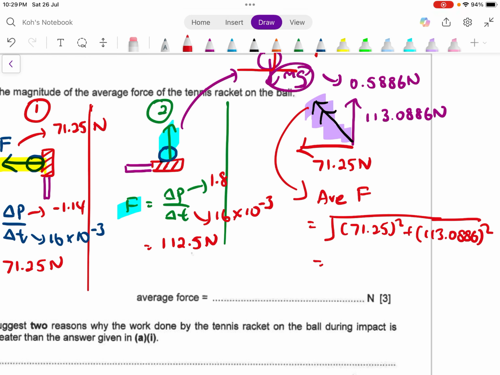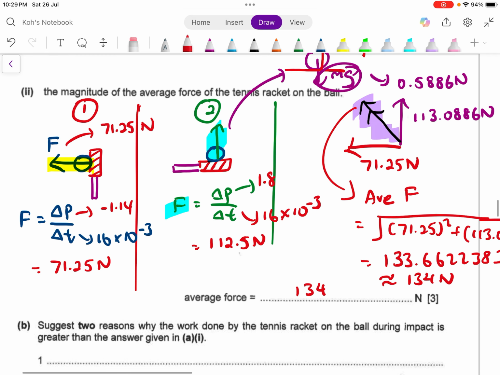Okay, so I'll get a value of 133.6622383. So I just round off to 134 Newton. So the average force acting on the tennis ball will be 134 Newton. Alright, so that is how we do part 2. Quite hard to be frank.